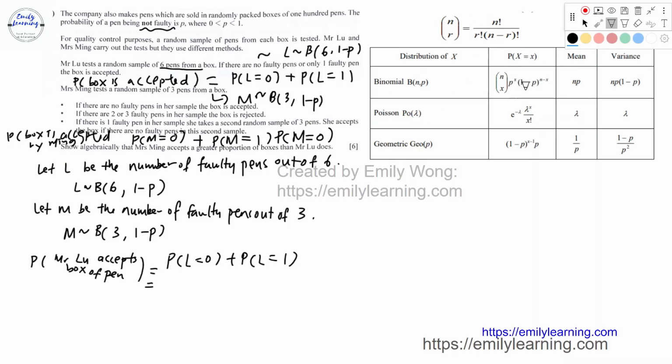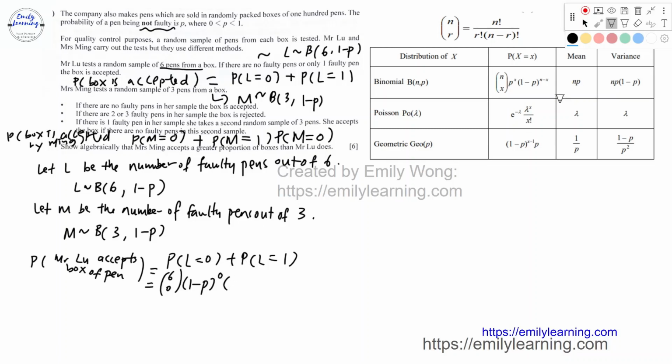So I know that for P of L equals 0, x is 0, and I know n for the distribution of L is 6, so it's 6 choose 0 times, this p here is essentially this 1 minus p, so it's 1 minus p to the power of 0.